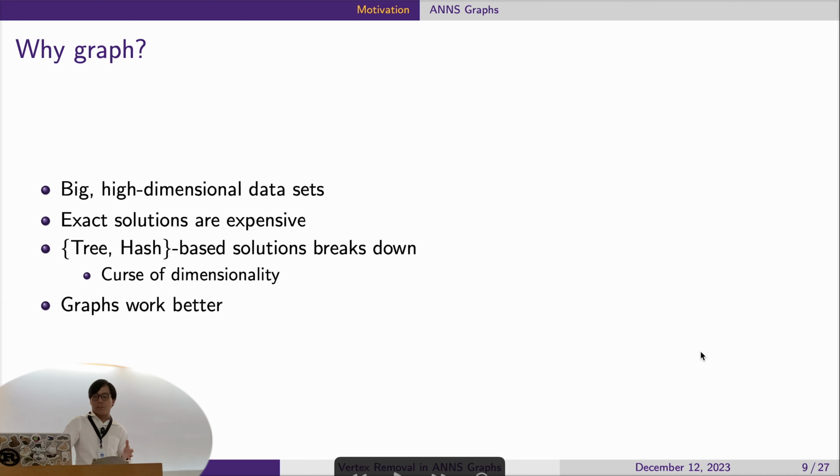And other methods, such as tree-based or hash-based solutions, usually break down when dimensions get really high because of the curse of dimensionality. In general, graphs tend to work better because tree and hash-based solutions usually do some kind of segmentation, which is very rigid and relies on points being close together. But in high dimensions, points are usually sparser, so it doesn't work as well.